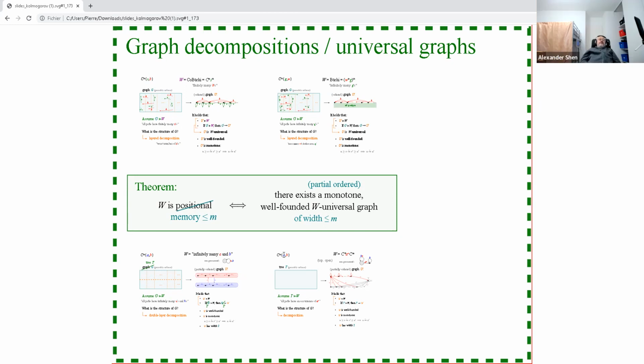But if we have no requirement on memory and just allow whatever we want, then the left-hand side is trivially true.